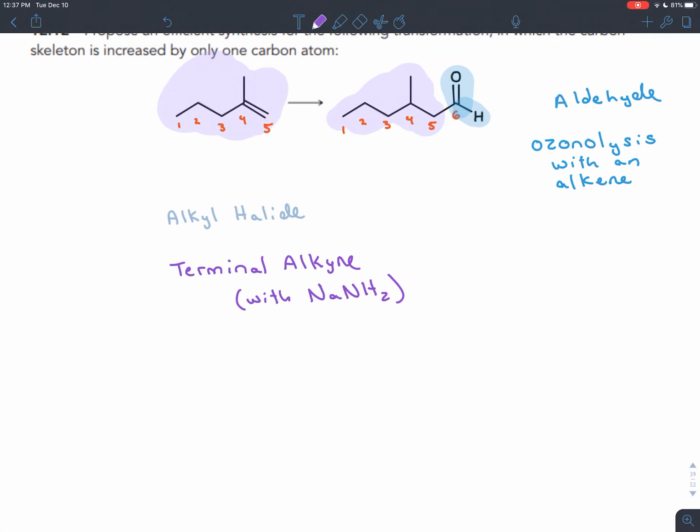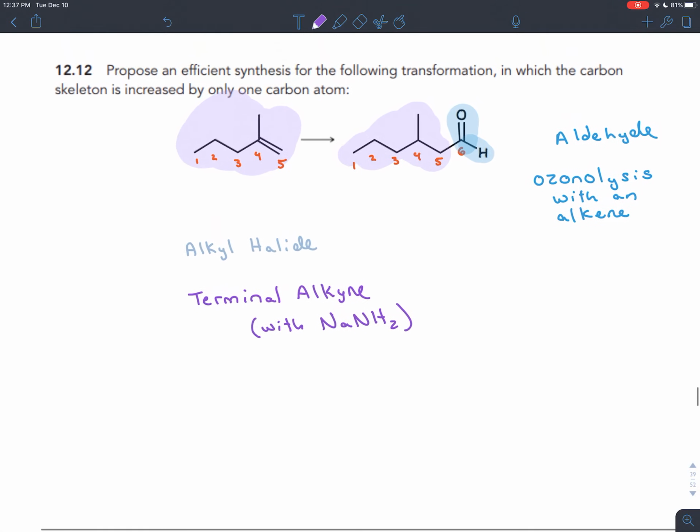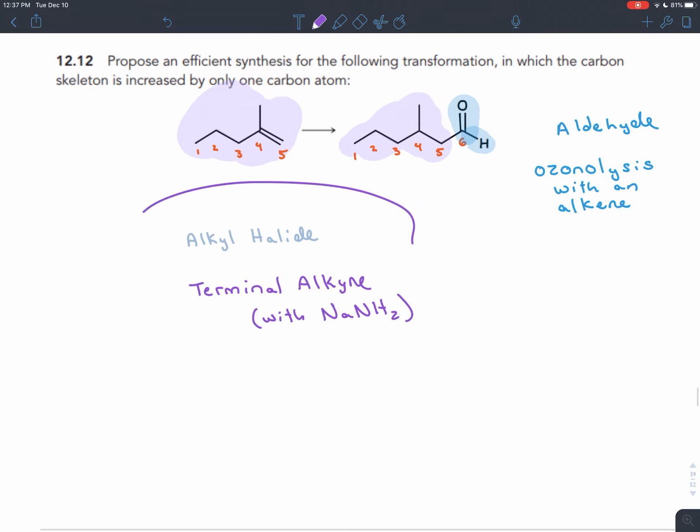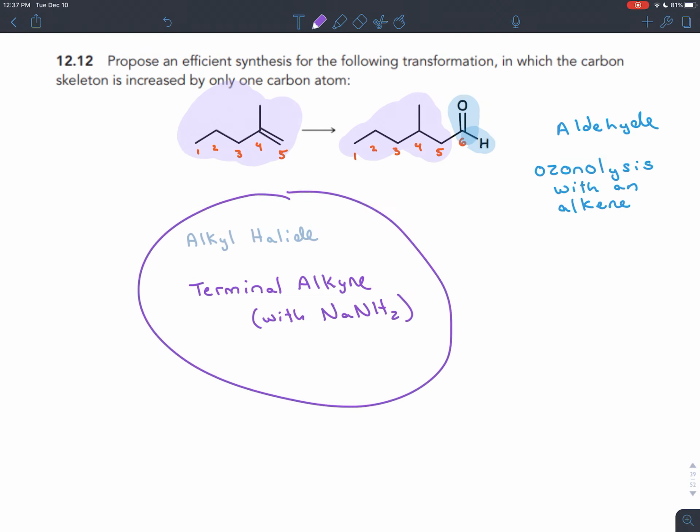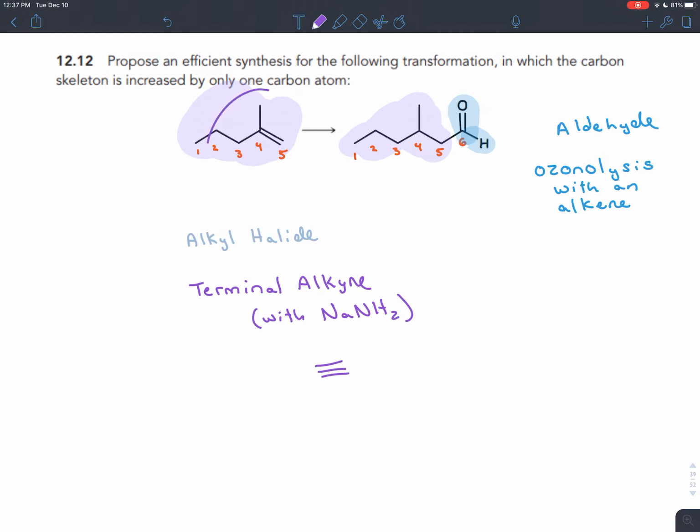Now we've seen that several times before in this chapter, this process of adding carbons onto a chain. Now the question is, we need these 2 things to add this carbon on, but which should be the alkyl halide, which carbon chain should be the terminal alkyne? Should we turn this original carbon chain into a terminal alkyne? Or should we have a separate terminal alkyne and make this an alkyl halide?